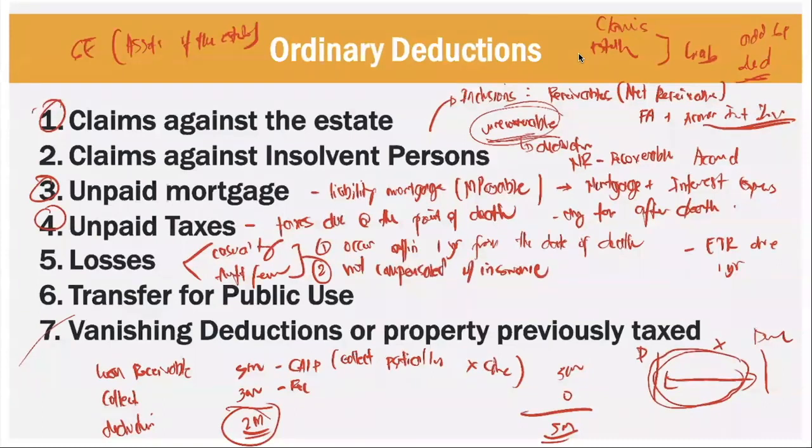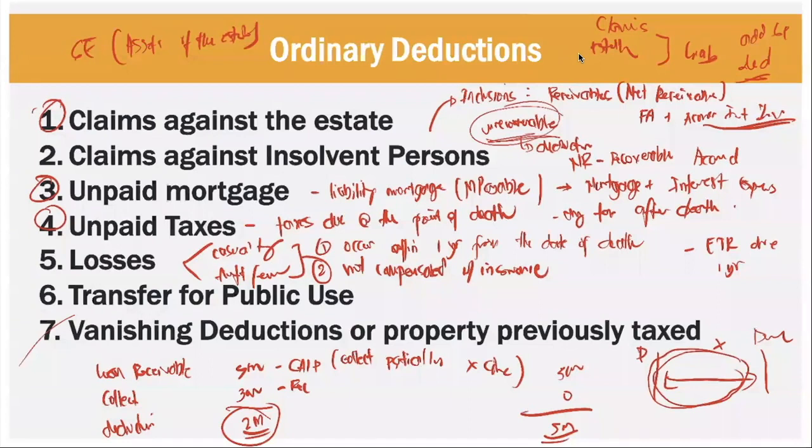Next, it must not be compensated with insurance, because once it is compensated with insurance, it cannot be considered as an ordinary deduction. So for losses, the two items must be present. If one of the items is not present, then you cannot deduct that particular loss.